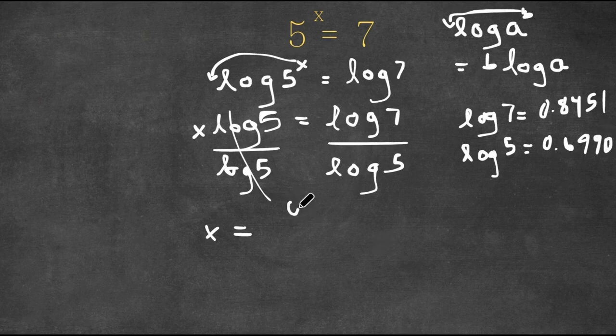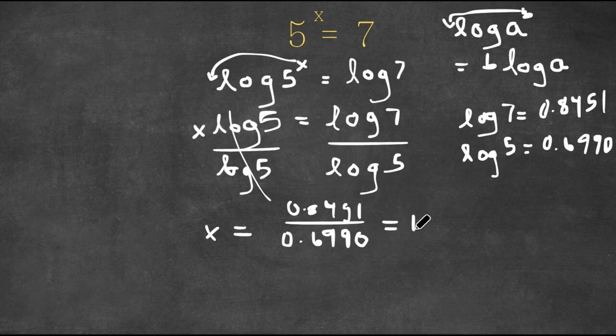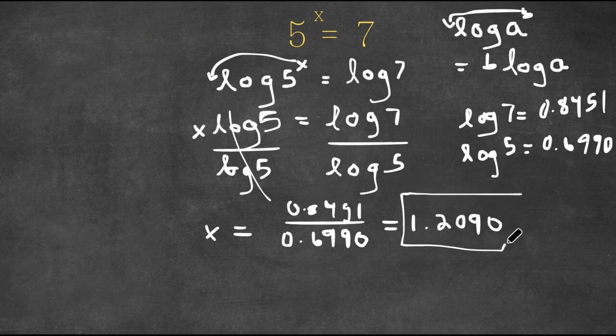So now we have 0.8451 over 0.6990, and this is equal to 1.2090. So this is our answer.